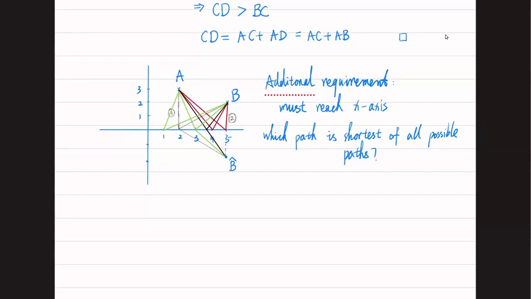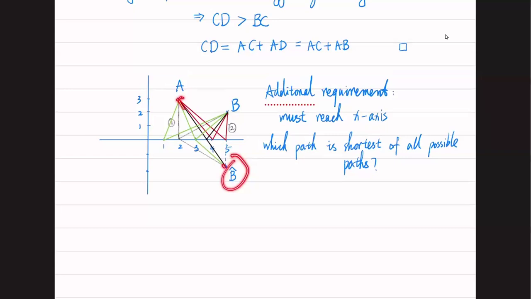So I first find the image, then I connect the two points. So this is a straight line. That's going to make a triangle. Because if we look at these two triangles, they are congruent.